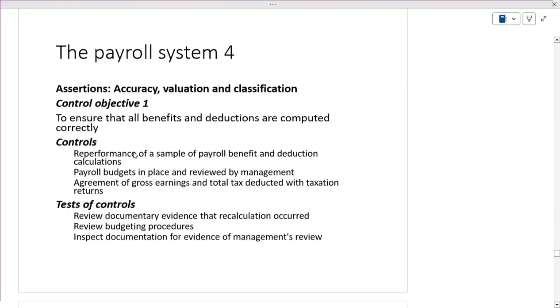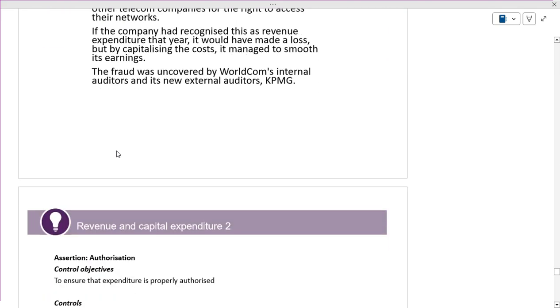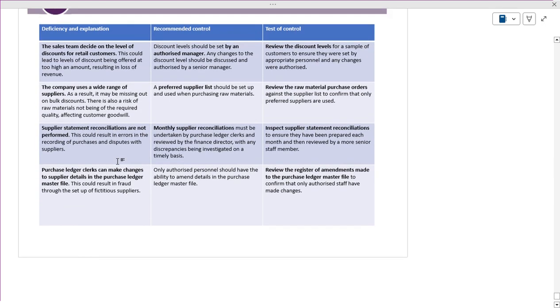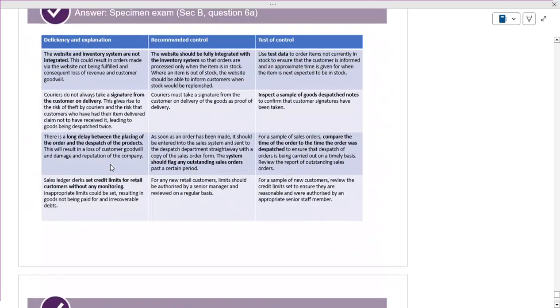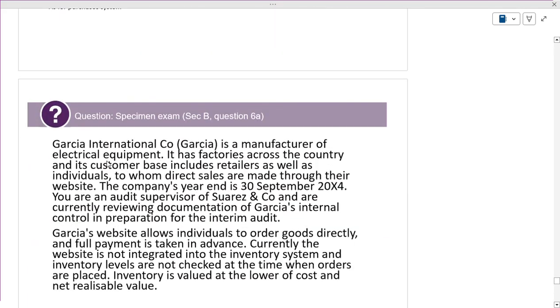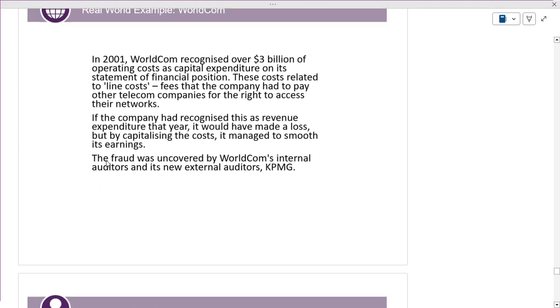We have payroll, revenue and capital expenditure.